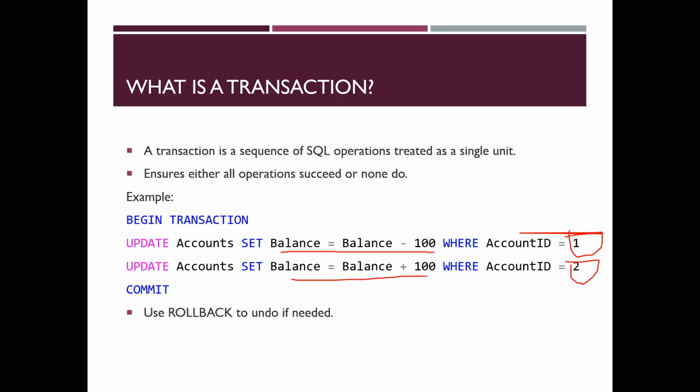Both actions must happen together. Either both succeed or both fail. That's a transaction, a unit of work that is executed as a whole. If something goes wrong in the middle, you can use rollback to undo the changes. Transactions are essential in banking, e-commerce, ticket booking, basically any system that must maintain consistency.